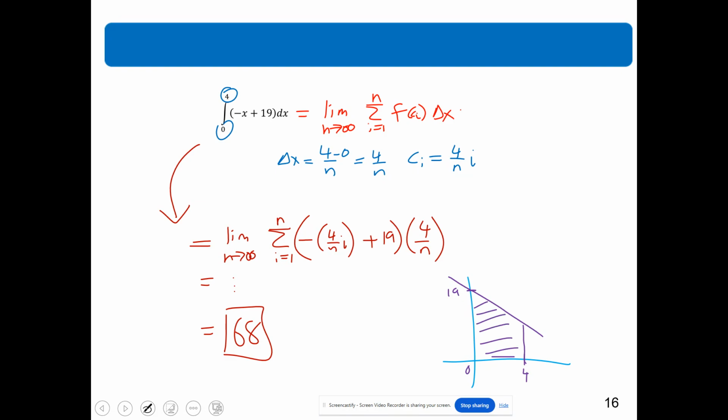And so you could calculate its area by using the formula of 1/2 height times base 1 plus base 2. So it'd be 1/2 times 4 times... now this distance here, that's base 1, let's say, and then base 2. Well, if you plug 4 into that, that'd be that 15. And again, you'll get the answer of 68.